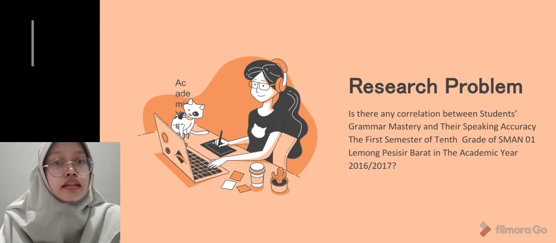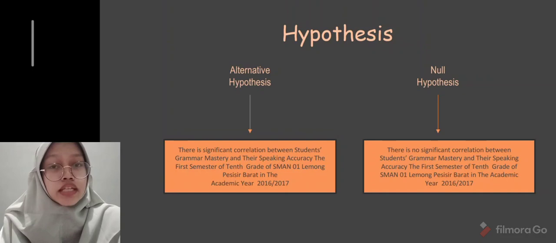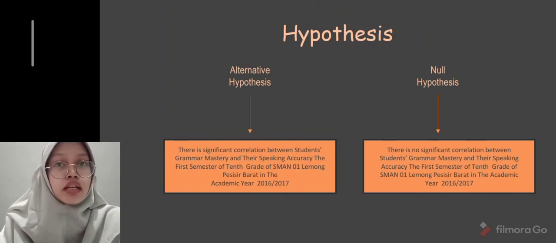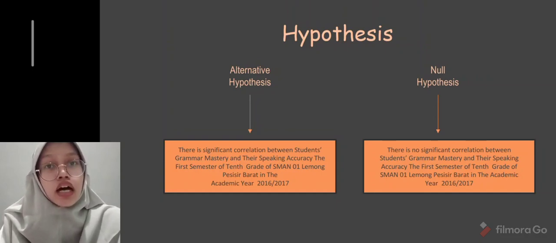Next is hypothesis. The hypothesis consists of two: the alternative hypothesis and the null hypothesis. The alternative hypothesis is there is significant correlation between students' grammar mastery and their speaking accuracy, the first semester of 10th grade of SMA Negeri 1 Lembang Pesisir Barat in the academic year 2016-2017.